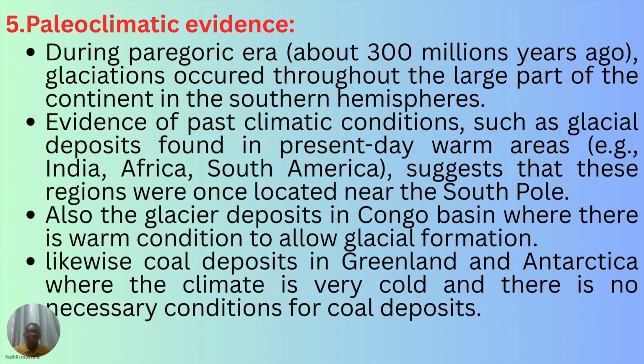But we have seen that there is a coal deposit in Greenland and Antarctica. So the presence of this coal deposit in the cold area explains the concept of splitting of the continents. Those coals were formed or deposited at the time when there was only one single land mass, and they were split or broken from the area in the tropics, which supports the presence of this coal deposit.